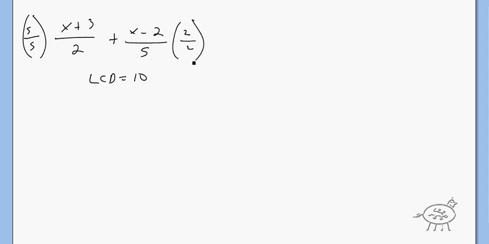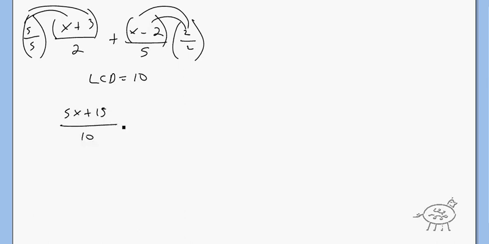Now the deal is, math fans, it's 5 times x plus 3 and 2 times x minus 2. You have to distribute the 5 just like you have to distribute the 2. So you get 5x plus 15 over 10 plus 2x minus 4 over 10.